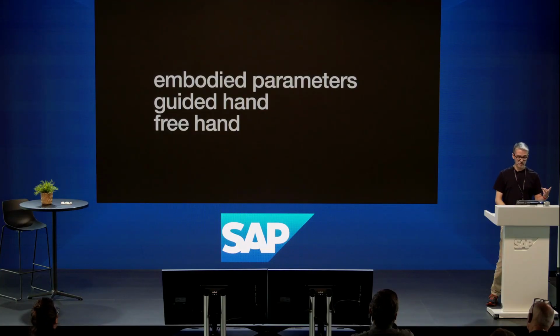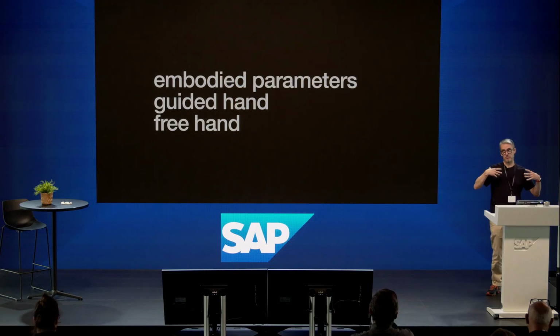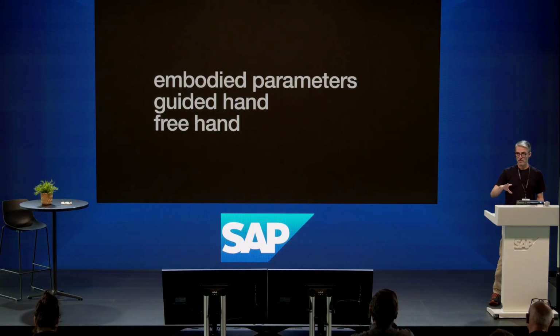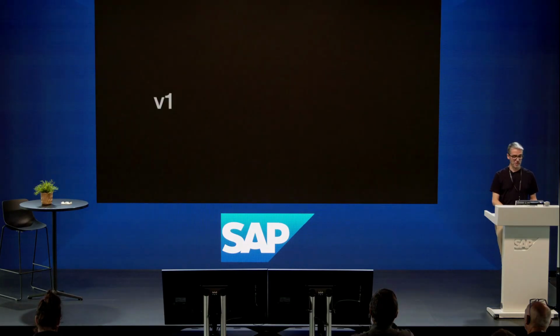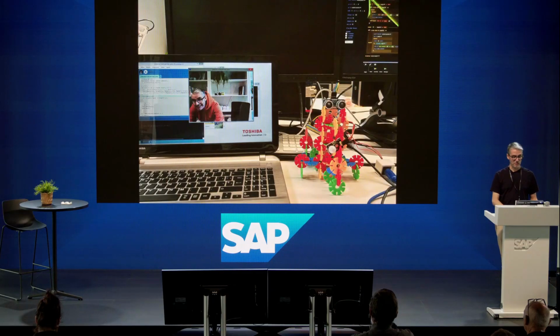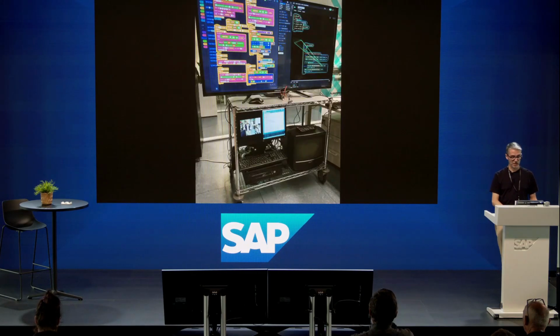And we have 3 levels of interaction that were embodied parameters, so people go there with their body, as we all go, and then interact with the installation. Then they could interact with the mouse, within some parameters, and at the third level, they have complete freedom to even destroy the script. So that was the initial scheme. That's working with the installation, with Bernat, the first prototype.